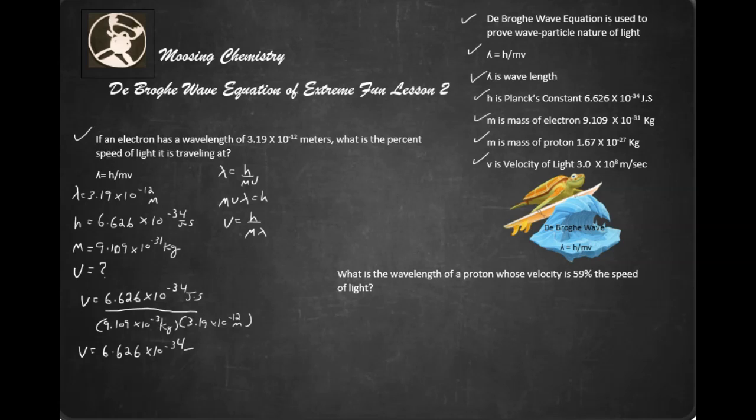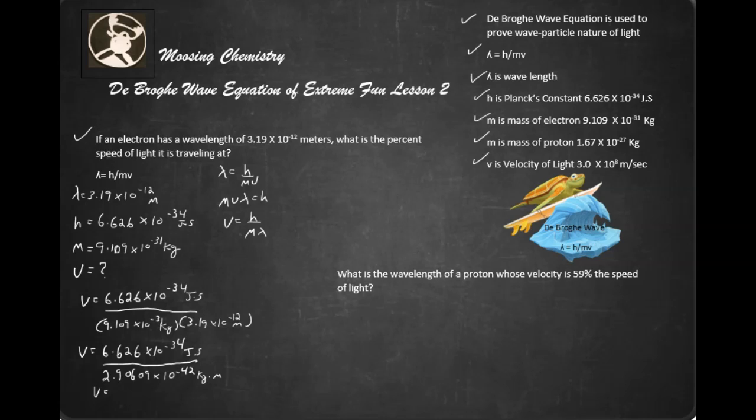This will be joules per second, and this is going to be over 2.90609 times 10 to the negative 42. Okay, so we've got to make this 4 look good. There you go. And of course, this is going to be kilograms times meters.